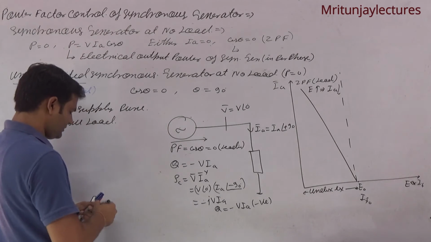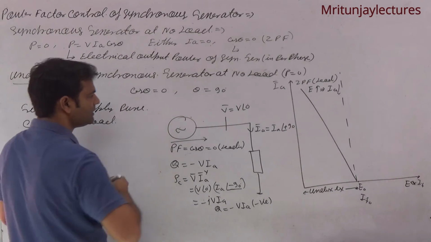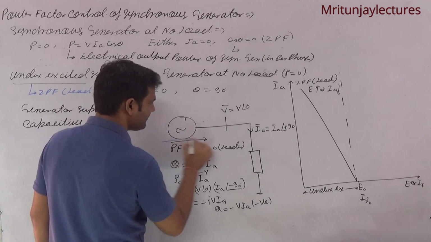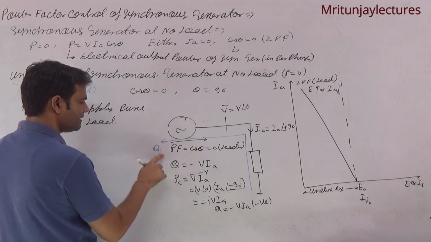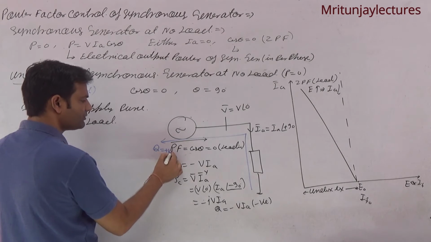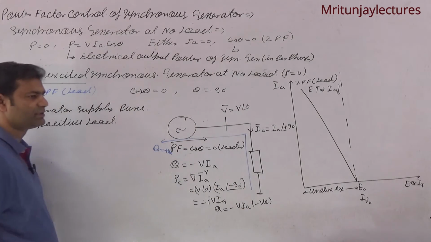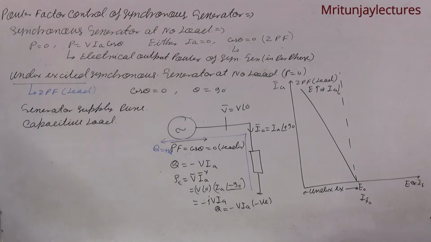Q is negative, meaning the direction of Q is like this one. If you represent here the direction of Q, that is Q is positive, meaning the generator supplies a pure capacitive load. Clear?